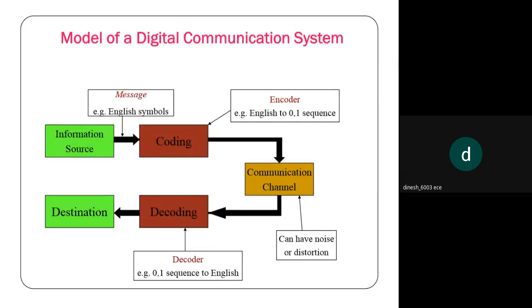For example, if I'm using text, audio, video, or any symbols or data, the corresponding zeros and ones of binary form should be converted to their original formation. Fine. So here this decoder plays a major role. So the inverse of your coder is your decoder.